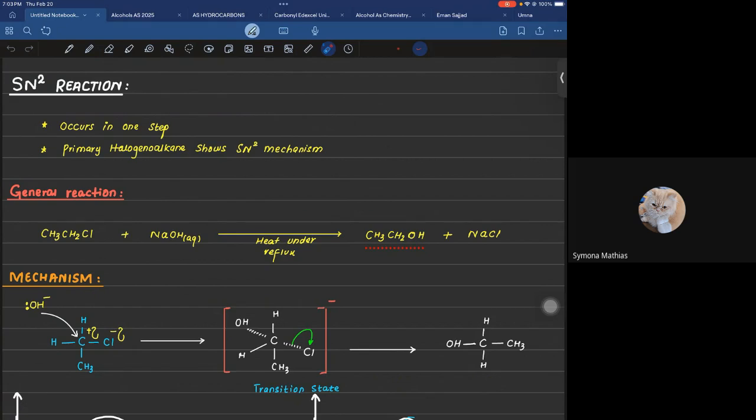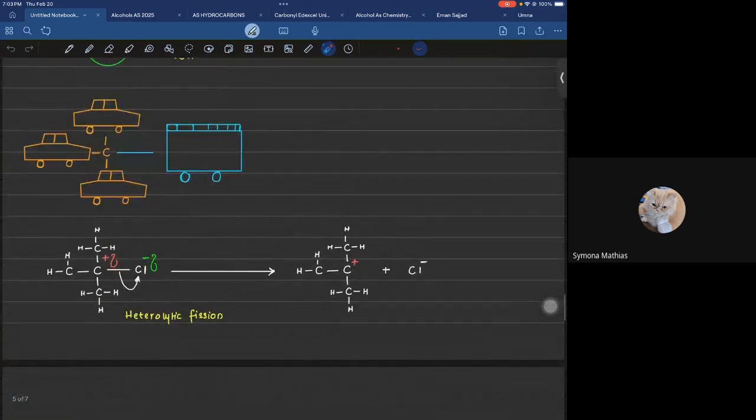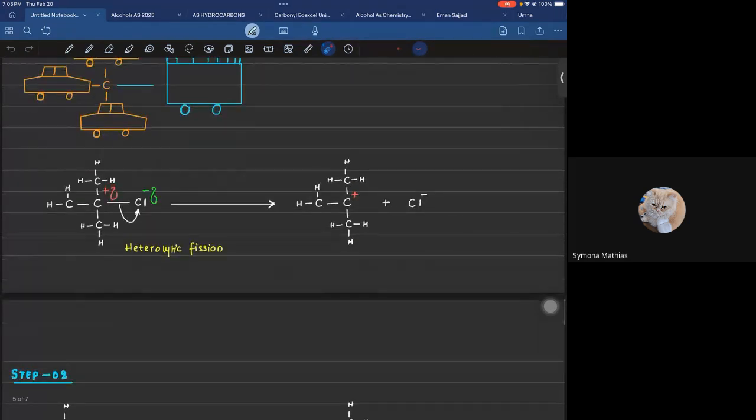An alkyl group is a bulky group which shows steric hindrance, also known as resistance. Due to this resistance, the incoming nucleophile cannot attack. So first the leaving nucleophile has to be removed from here, then the incoming nucleophile will attack on the same carbon atom. That's why this reaction happens in two steps.